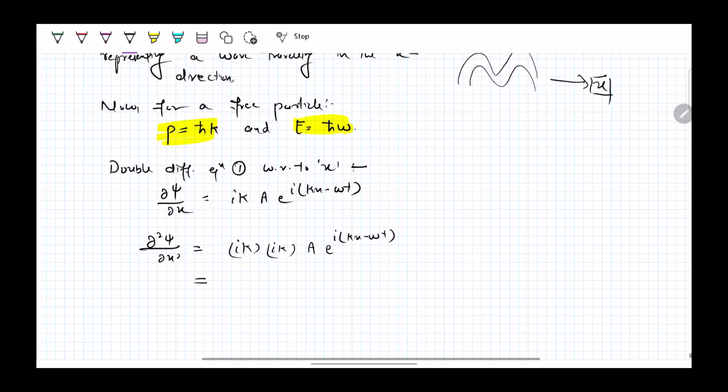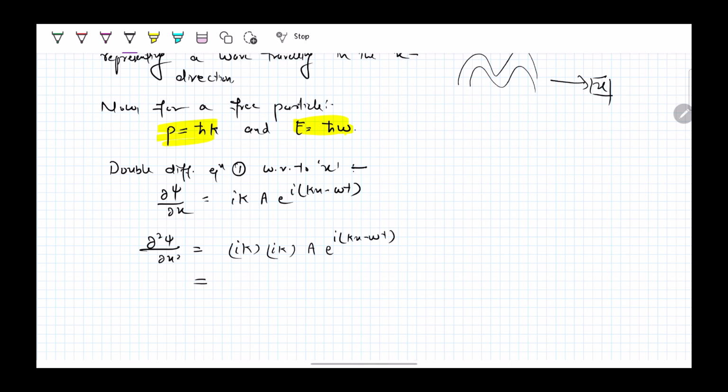From here, i multiplied by i, that is i square, is equal to minus, and we get minus k square A e to the power i(kx minus omega t), and this is the value of the double differentiation with respect to x.